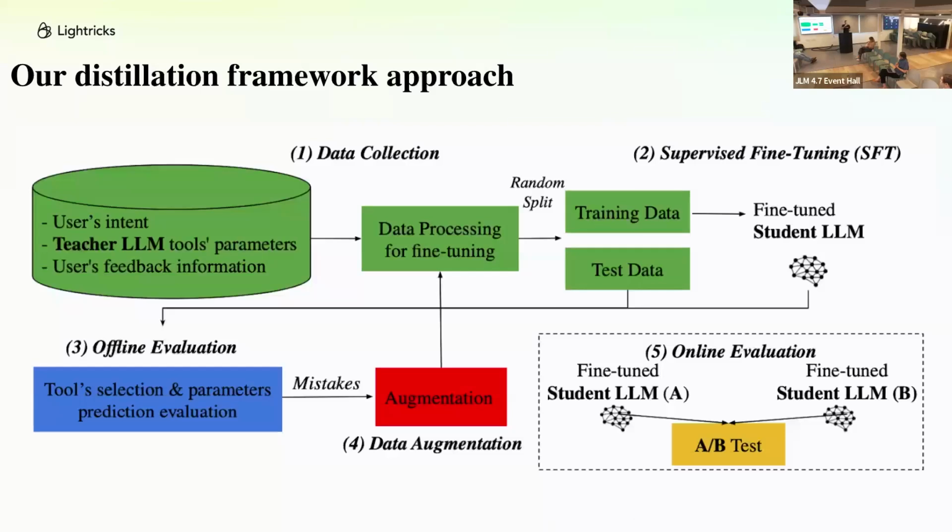Usually in fine-tuning, you have the problem of lack of training data. It's called the low data regime, where you don't have enough data for training. Data augmentation is the technique of adding more data, which makes a lot of impact. So what we are doing here is we evaluate the performance offline, and we take only the mistakes from the training.